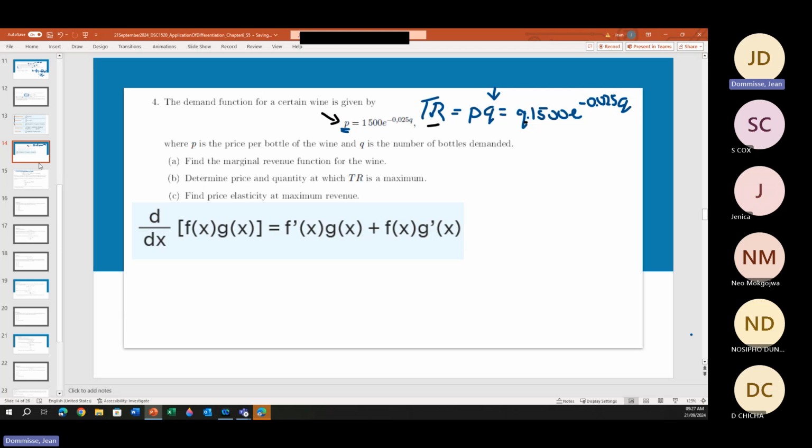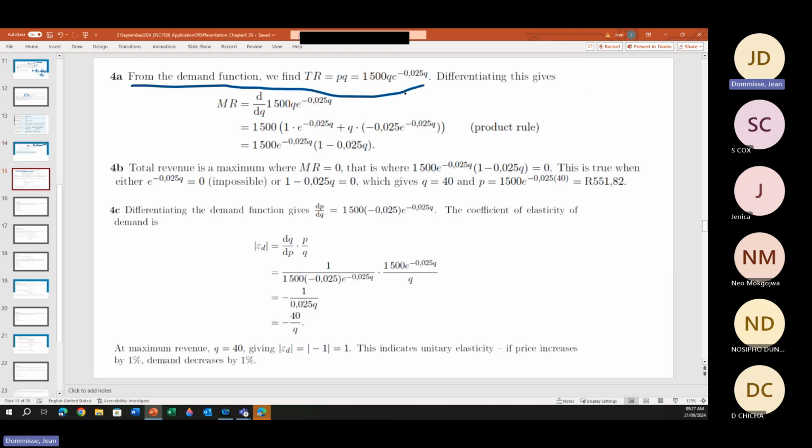Else, when we start differentiating, suddenly that Q we would not have had in it, and that does take away some of the information that we will need to have later on.